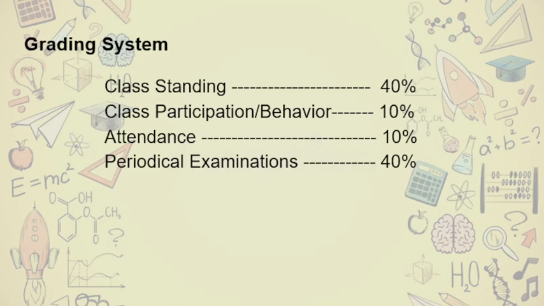The student is the one who is actually having classes with the teacher. And of course, it's also to ensure that the management knows that the teacher is working, or having classes. Next is periodical examinations, 40%, which includes both midterm and finals. So that's it.